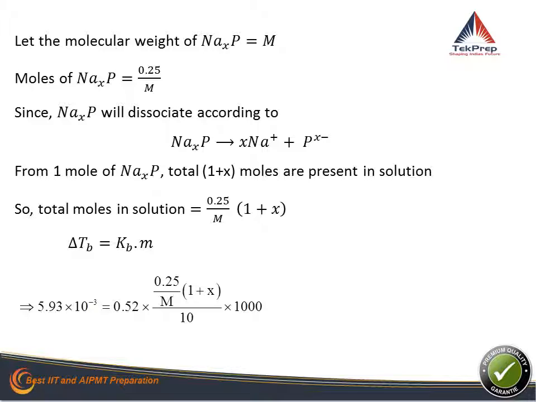When we replace the values of the temperature difference, the constant given, 0.52, and what we have arrived at, which is the total moles of the solution divided by 10 grams of water used, and find out how much that comes to per kilogram.